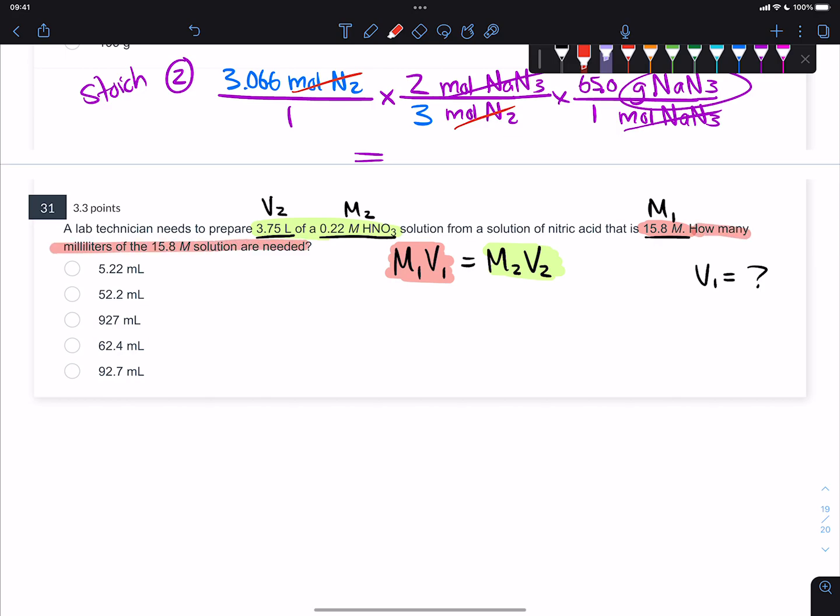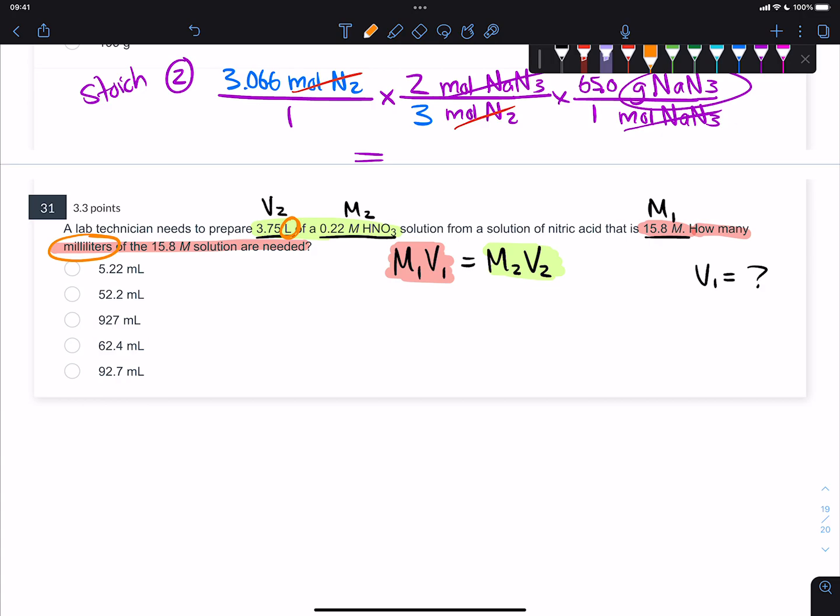Now, to be very, very careful here, notice how this is something that professors can do to trick you. You have liters needed, and it asks for milliliters. So dilution problems are super simple. The only way to really make it hard is to mess with the units. So whatever units you want, get it there.